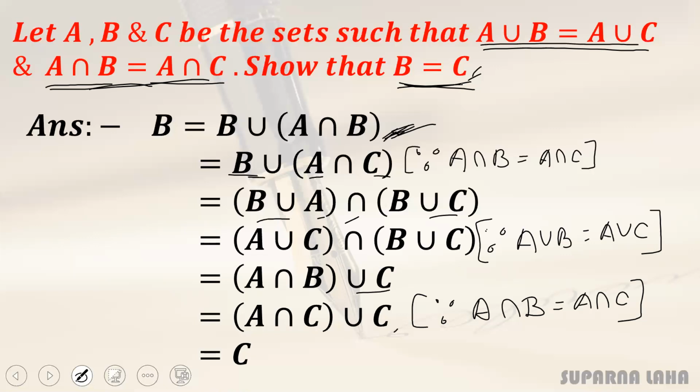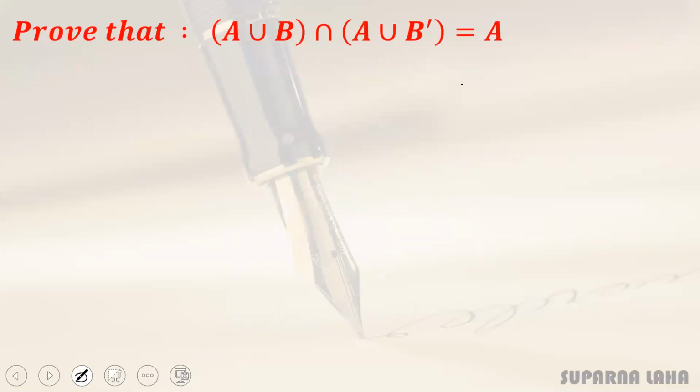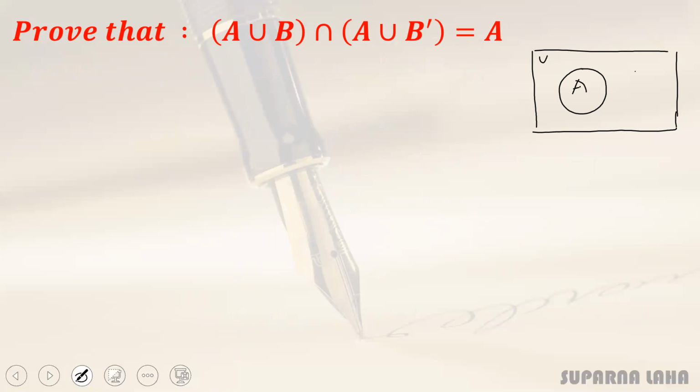Clear? So next, move to this second question, that is, (A union B) intersection (A union B complement) is given by A. So let's prove this one with the help of a Venn diagram. First of all, let this be the universal set and then take the set A and the set B. Some region is common between A and B. Now what is A union B?